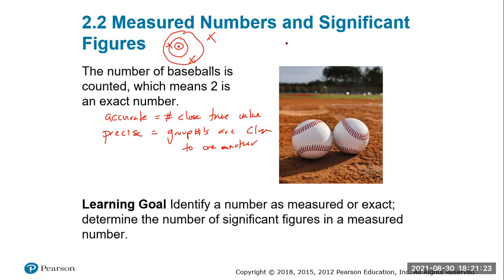If I take my darts and go, okay, we'll do double or nothing, and I throw my darts and I hit them all basically right there. This again would be not very accurate, because we would want to get to the middle there, which obviously we're far away from. But we are very precise, right? We basically hit the same spot every single time.